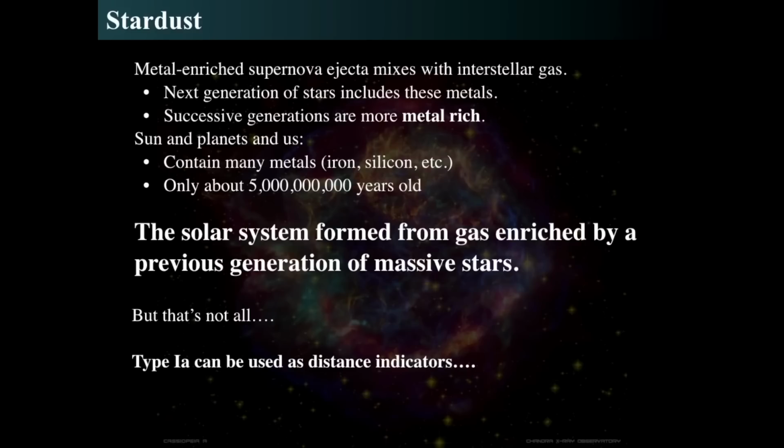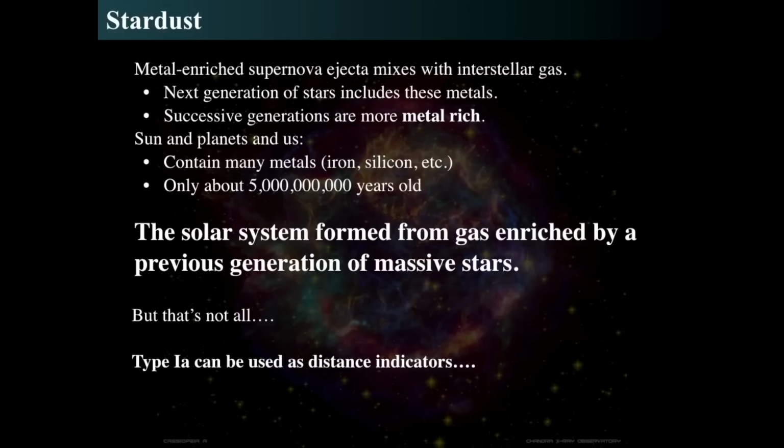And all of this must have happened more than 5 billion years ago, prior to the existence of the sun, because we know the Earth is 4.5 billion years old, and we know the sun is 4.567 billion years old. So it's interesting to note that the solar system had to have been formed from gas already enriched by a previous generation of these massive stars.